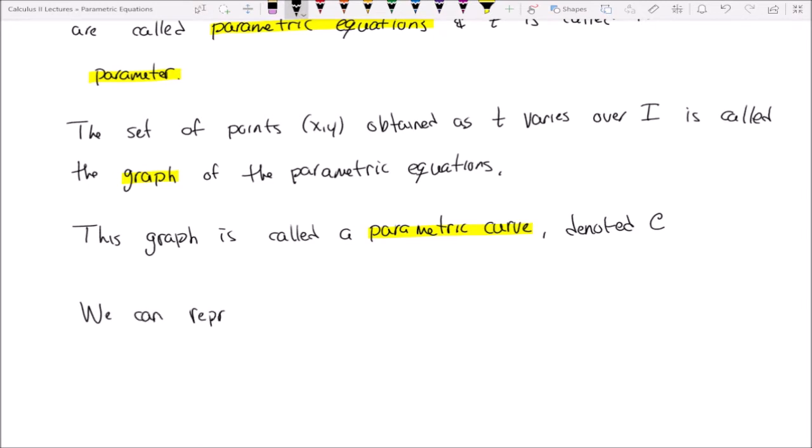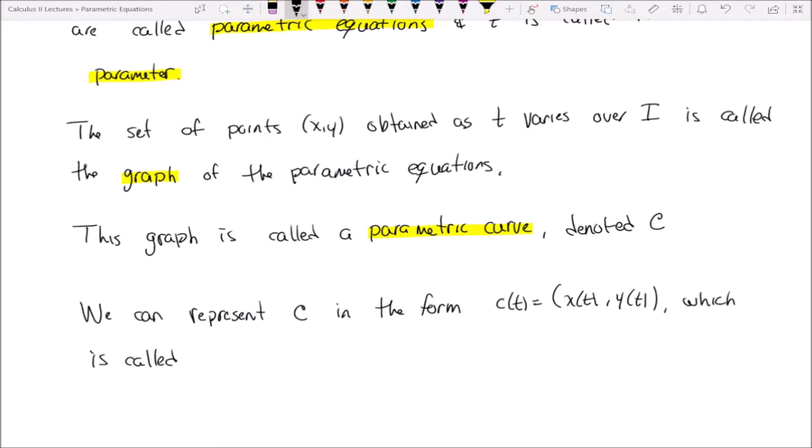So what we can do is represent a parametric curve in the form C of t equals x of t comma y of t. And this is called the parametrization of the curve.